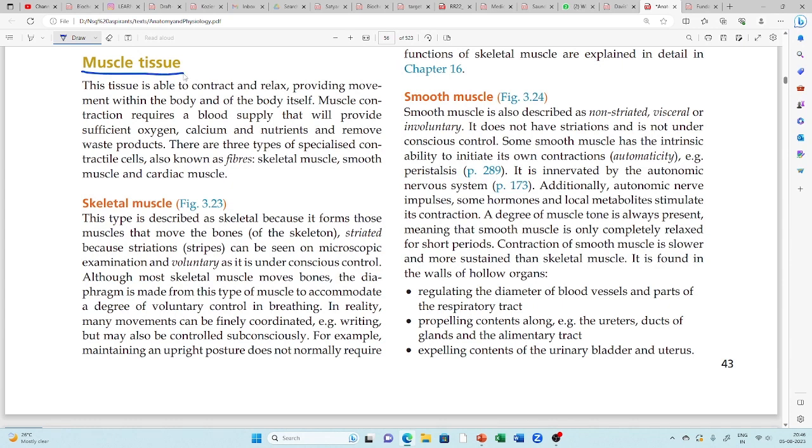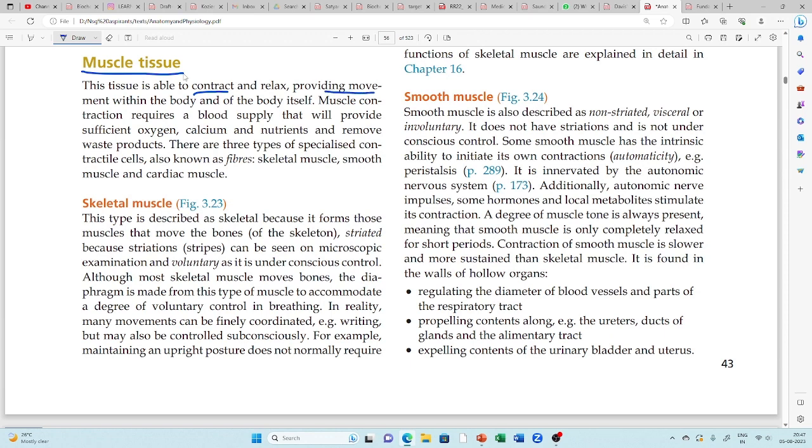Here we will study muscle tissue. This tissue is able to contract and relax. Muscle tissue means our muscles. It has the ability to contract, and it can relax, or it can be twisted. What is the function of muscle tissue?